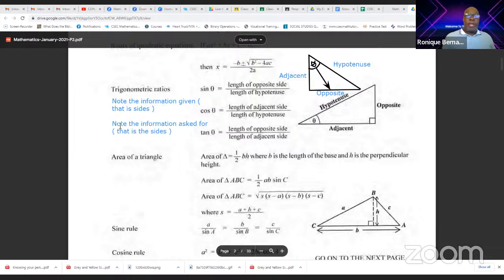If they give you the angle and one side, you have to also pay attention to the side that is asked for to determine which of the three trig ratios you should use. Is that clear? Yes, sir.